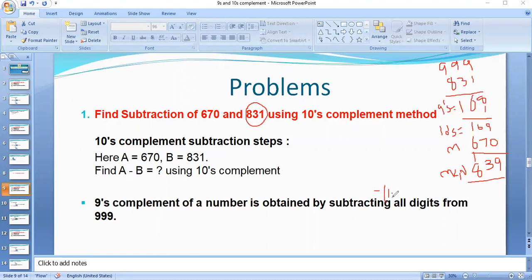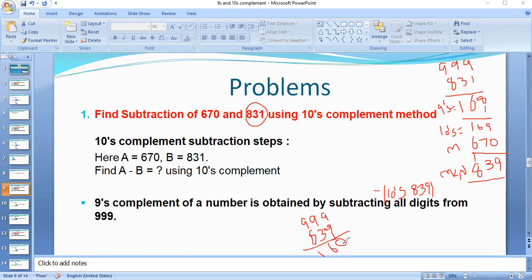What we have to find is the 10's complement of 839. First we find the 9's complement, which means we subtract each digit from 9. 9 minus 9, 0. 9 minus 3, 6. 9 minus 8, 1.